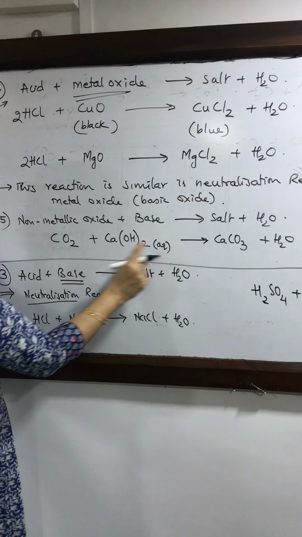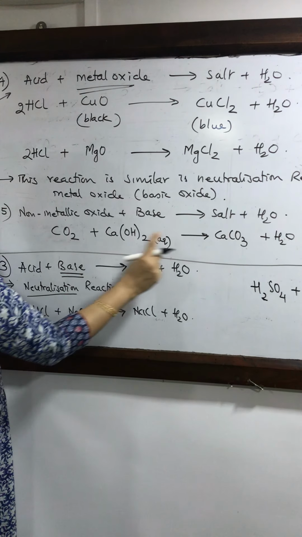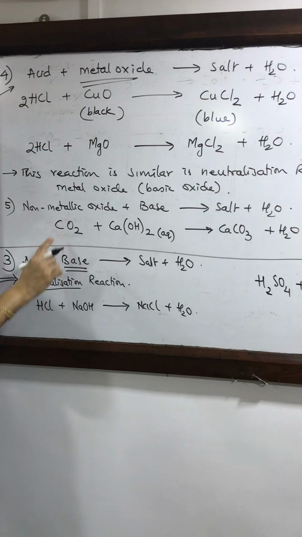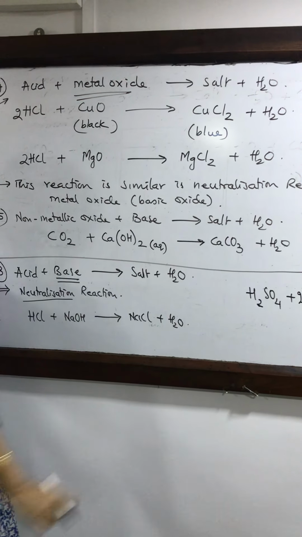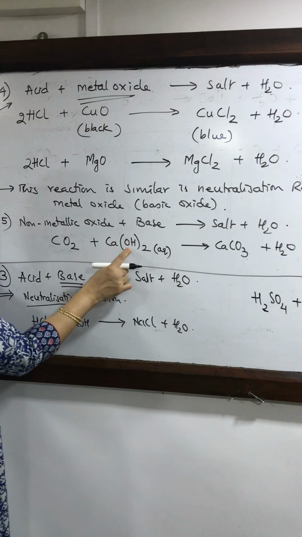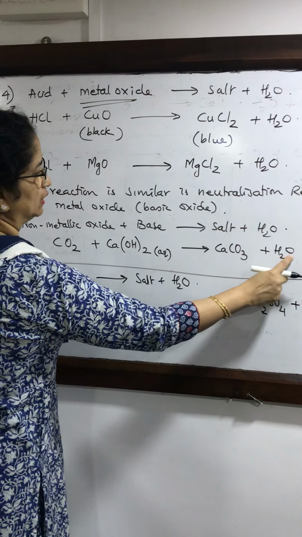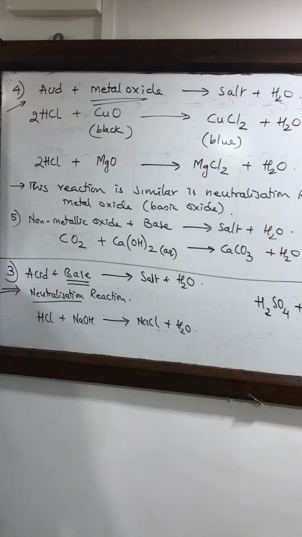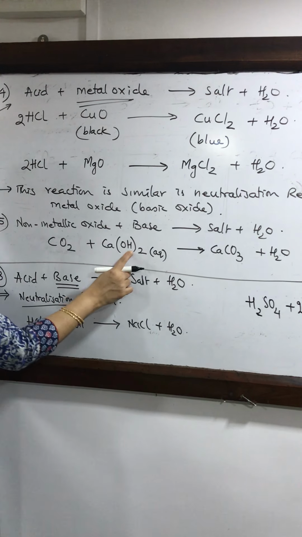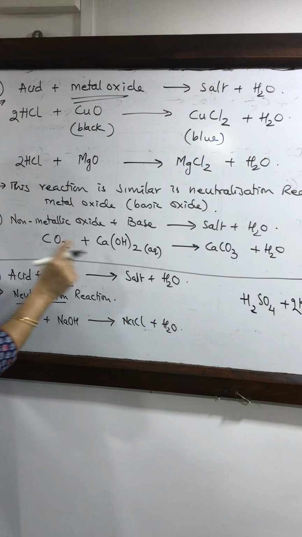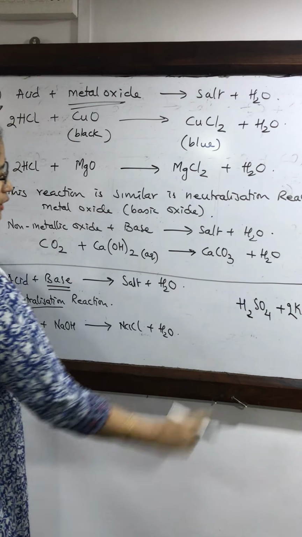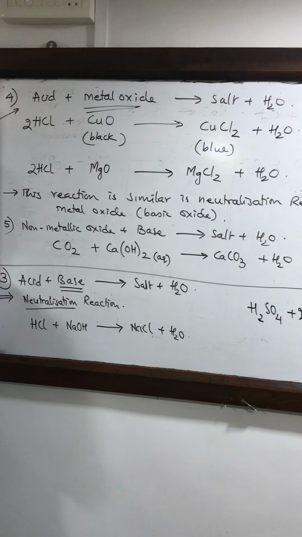This reaction is self-balanced because there is one calcium atom on both sides, we have one carbon atom on both sides, we have 2 plus 2 oxygen on the reactant side, that is 4, and we have 3 plus 1, 4 oxygen atoms on the product side, we have 2 hydrogen atoms on the reactant side and 2 on the product side. So it is self-balanced.